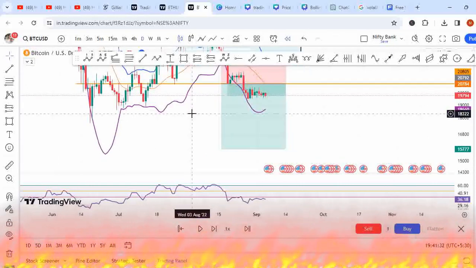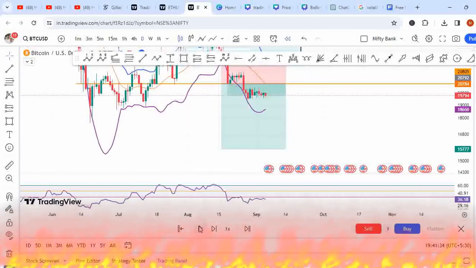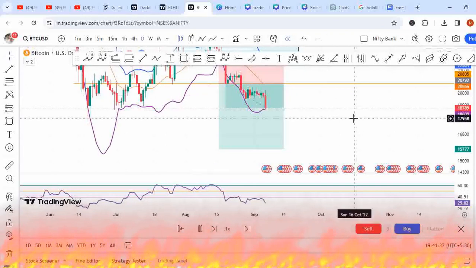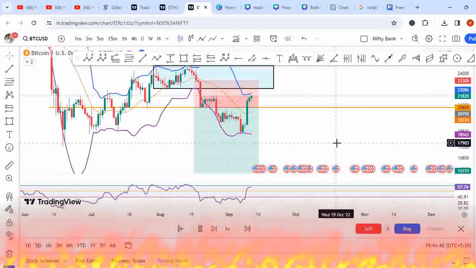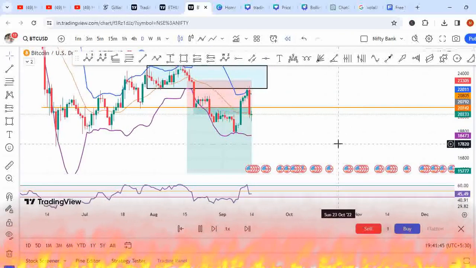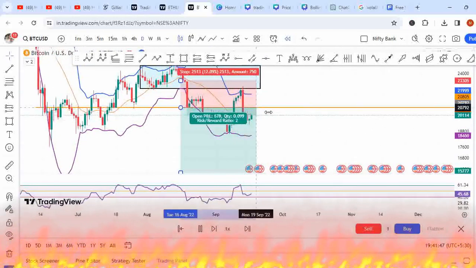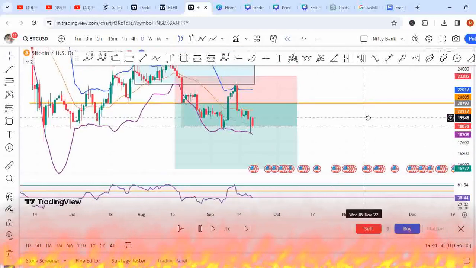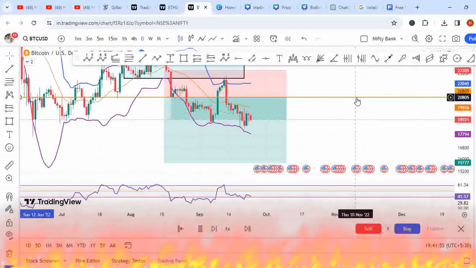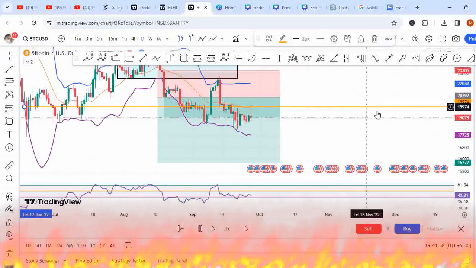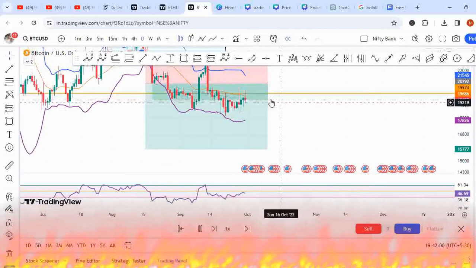Till here you can do. Now you can trail your stop loss here, at the swing of this, and now you are out of the trade. Still you are in profit.